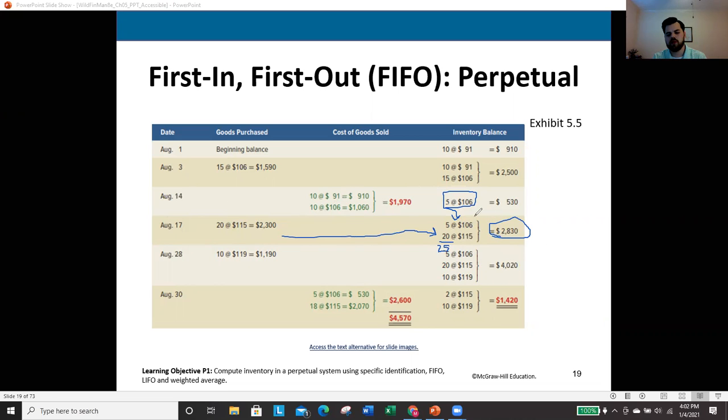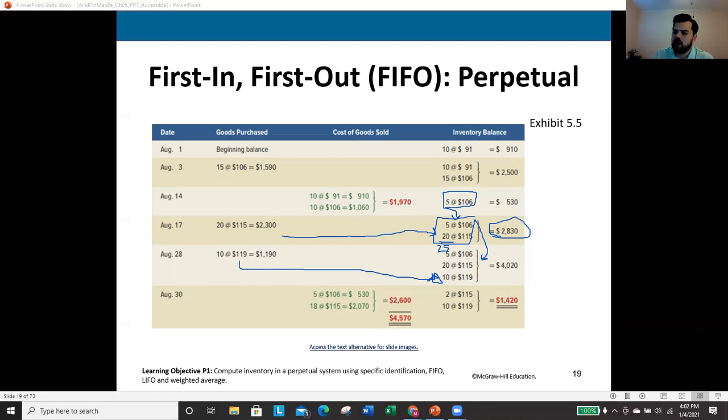On August 28th, of course, this bunch comes straight down, so nothing has happened to them, and now you're simply adding in 10 more units. At this point, you've got a total of 35 units valued at a total cost of $4,020.